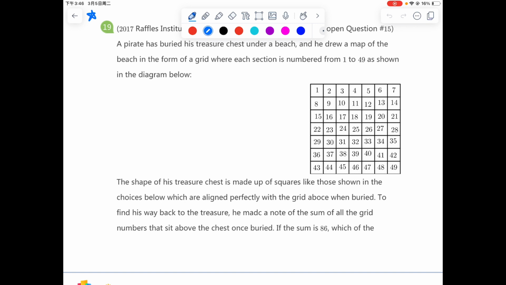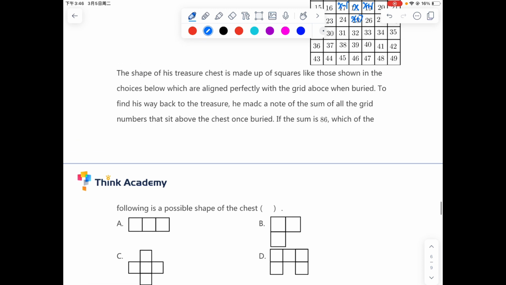If we think this one is x, I can write this one as x minus 7, x plus 1, x minus 1, and x plus 7. So we can actually find out the squares next to it. Now we need to find out where the sum is 86.